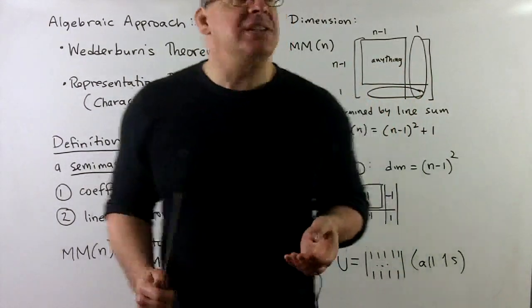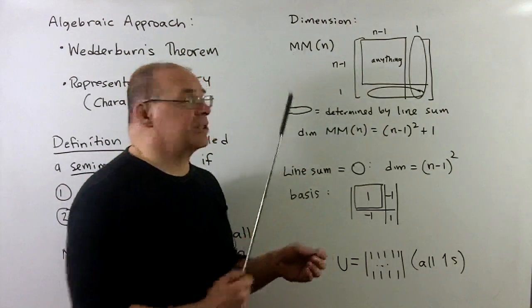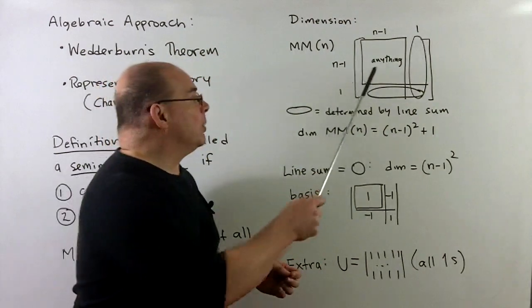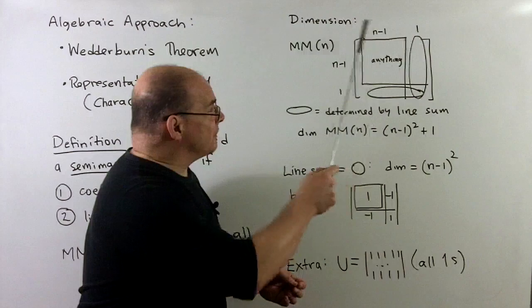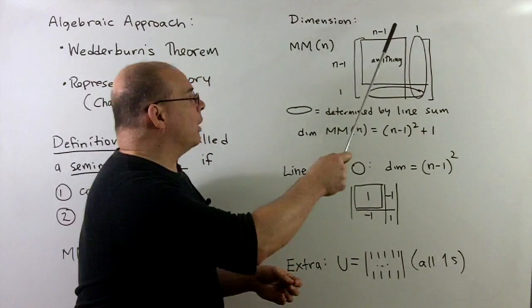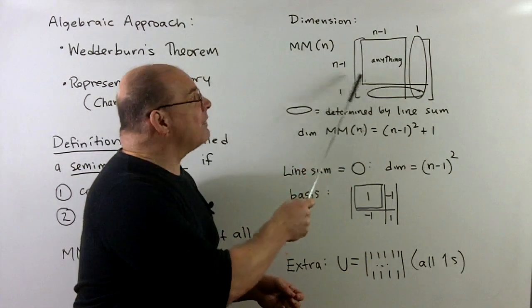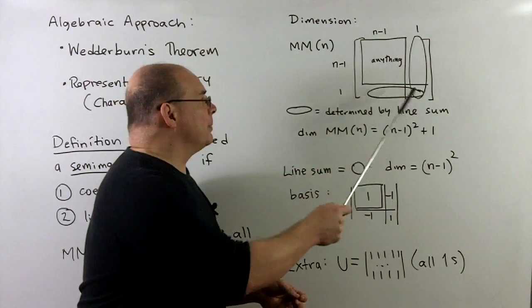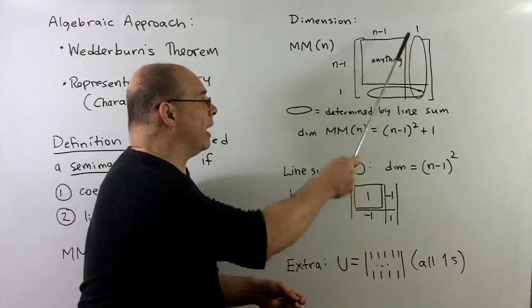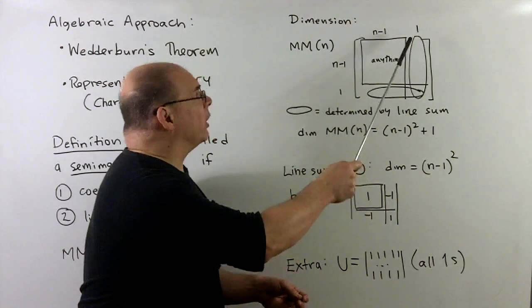Because I have a vector space, the first thing we can do is consider the dimension. If we put down a representative matrix of size n, we'll partition it this way. I have an n minus 1 block in the upper left. We have these strips of size 1 by n or n by 1 left over.